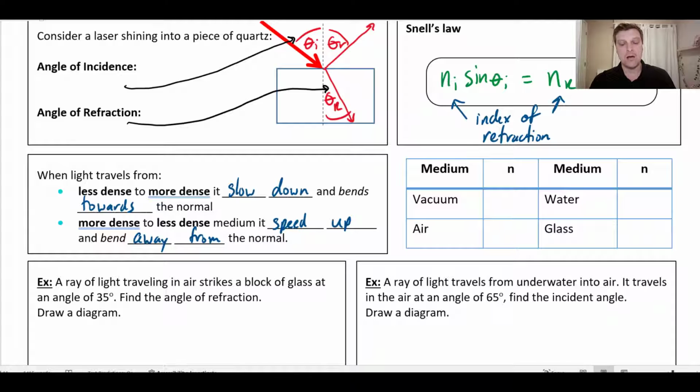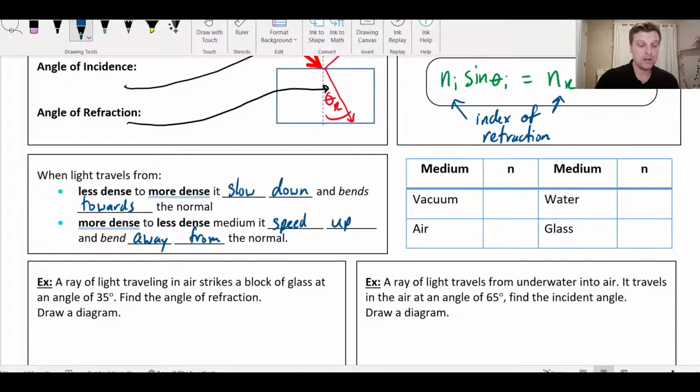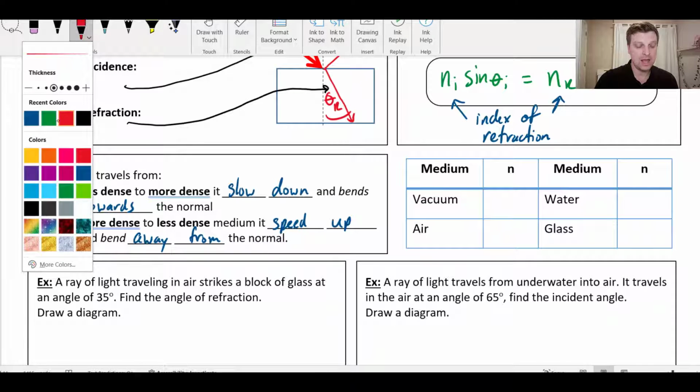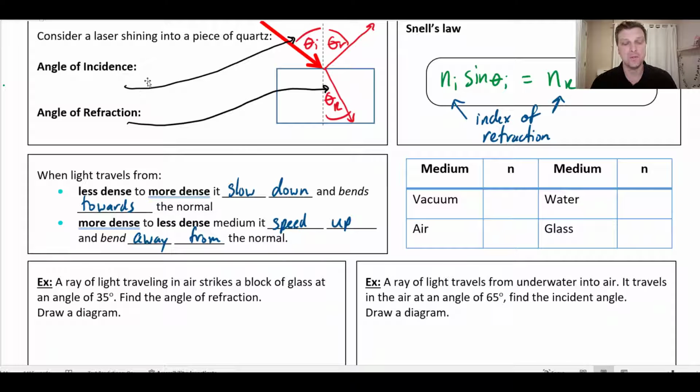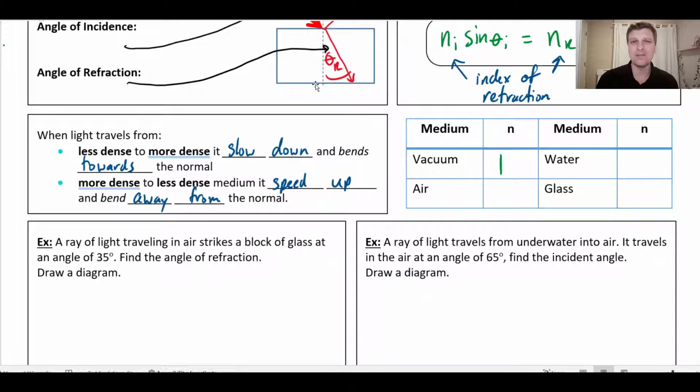Okay. Now, we should just make a note of a couple of values here. You don't need to memorize these, but it's handy to have, and we're going to use them down below. The index of refraction for a vacuum is exactly 1. That's actually how we define an index of refraction. And air is very, very close to a vacuum. It's actually 1.0003.